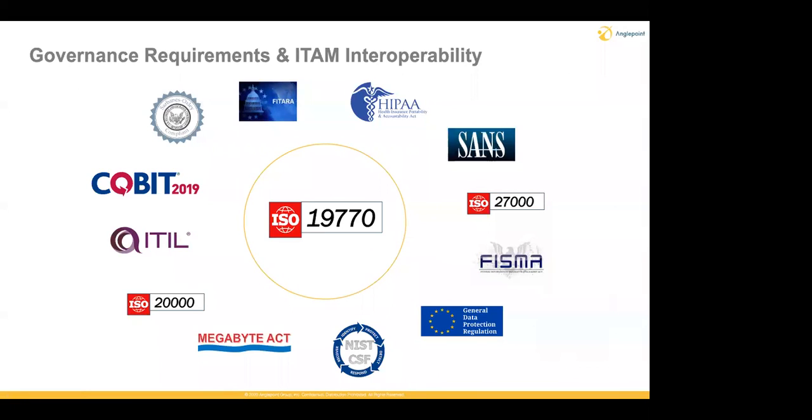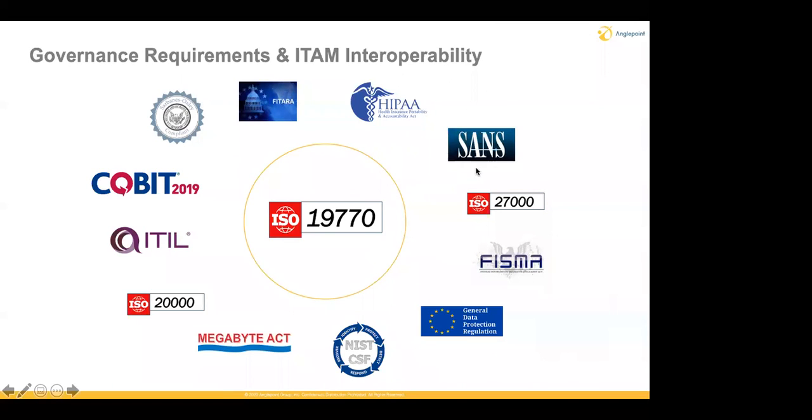Their publications are widely used across the US federal government, but also more broadly in industry and the world. One of their main publications is the Cybersecurity Framework, or CSF. That framework identifies 5 main security functions: identify, protect, detect, respond, and recover. And ITAM is named as the first category under the identify function.